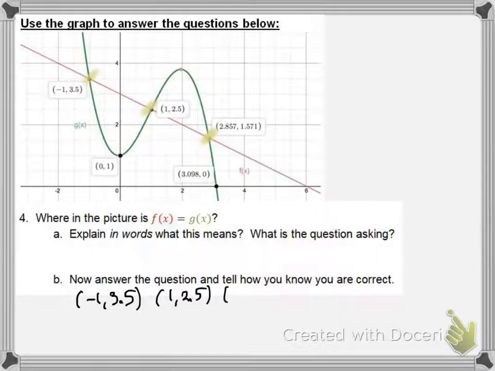And at 2.857 with 1.571. I know those are the points, the places where f of x equals g of x, because those are the places where the two curves meet with each other.